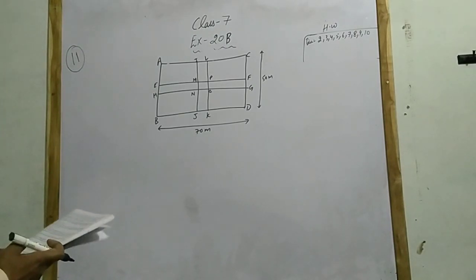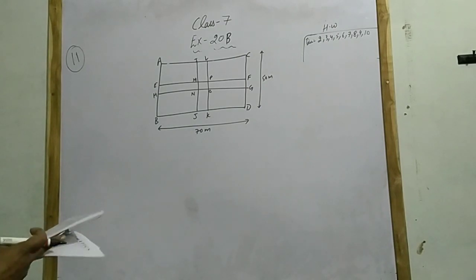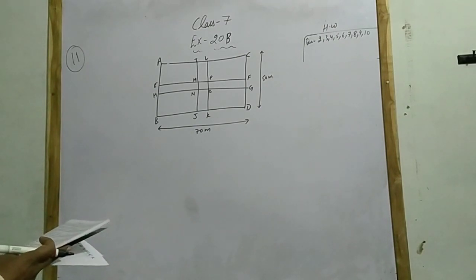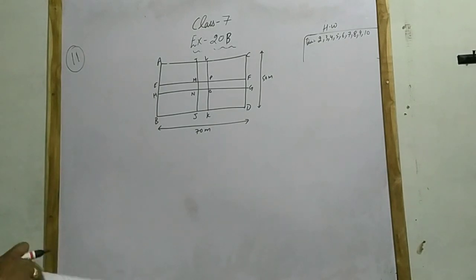Find the cost of constructing the road at rupees 120 per meter square.